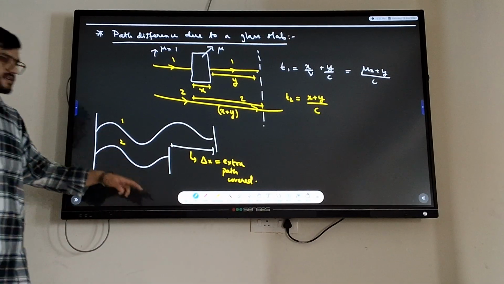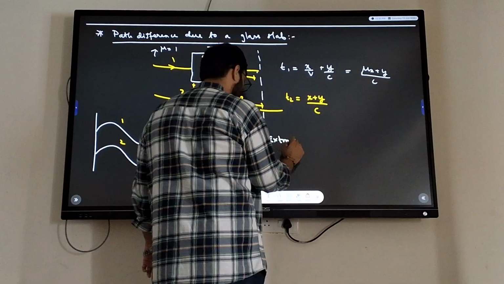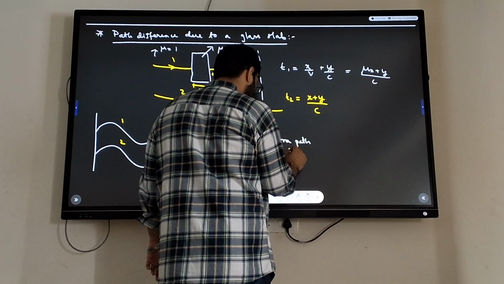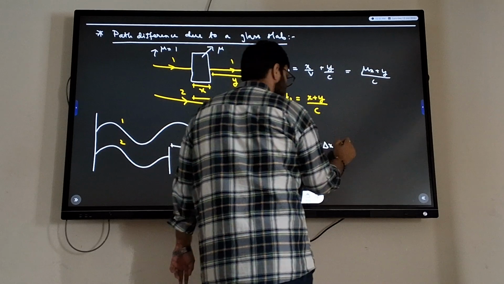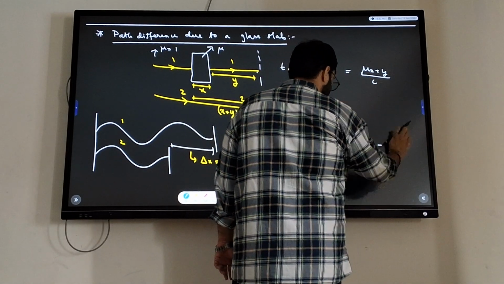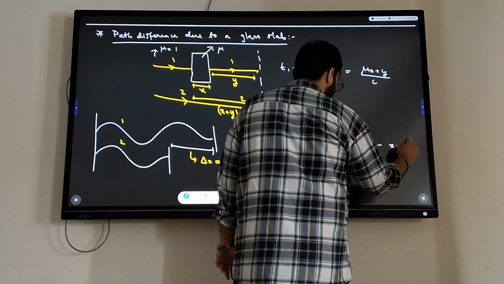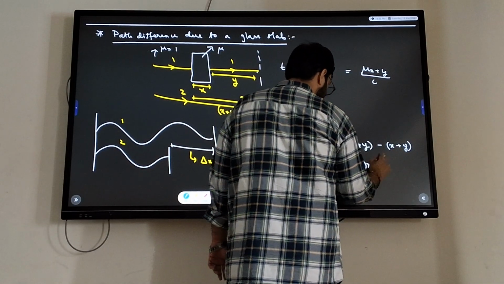Now what is that path difference equal to? That will be this distance, mu x plus y minus x plus y. And what is this equal to? Mu minus 1 into x.